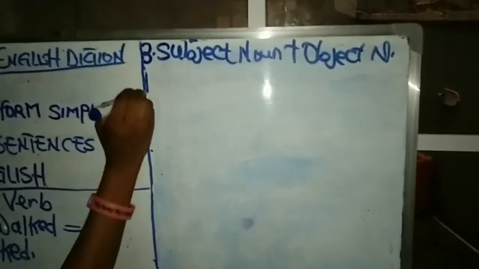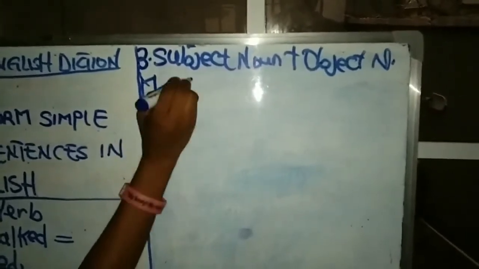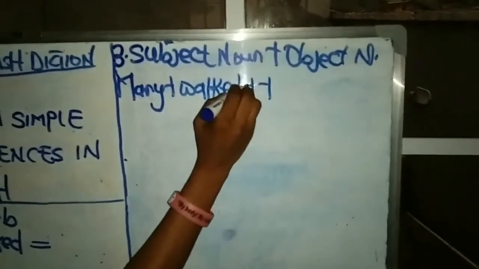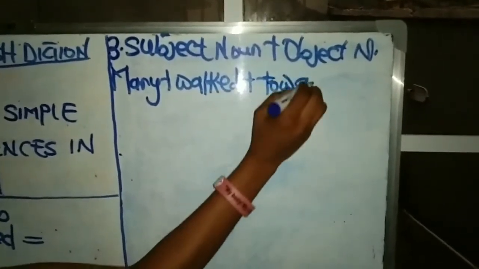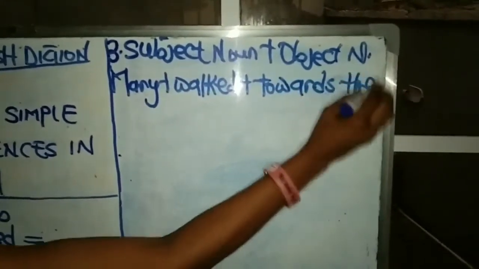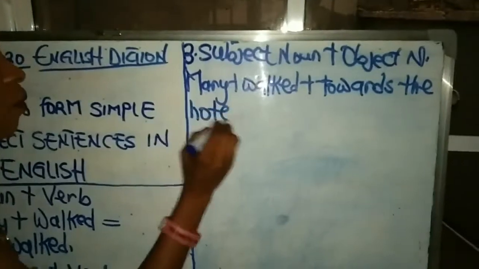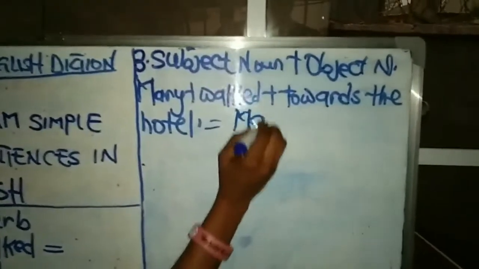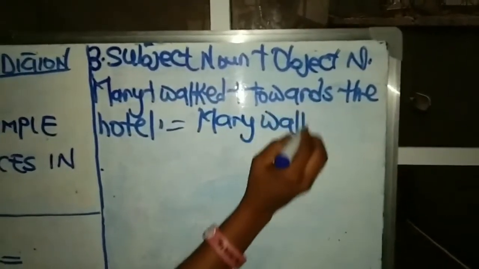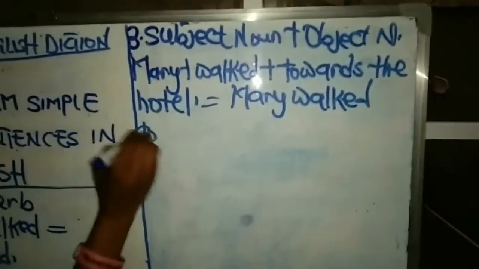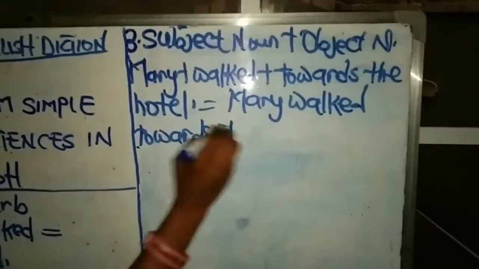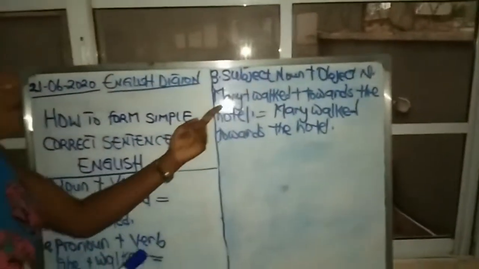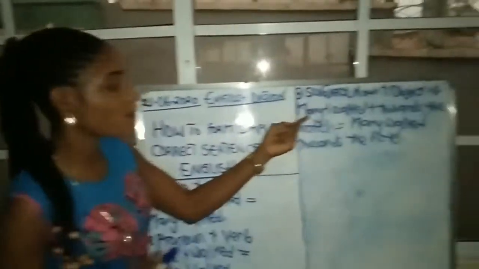We have something like Mary plus the verb plus towards the hotel. When we're writing this out, we're going to have Mary walked towards the hotel.